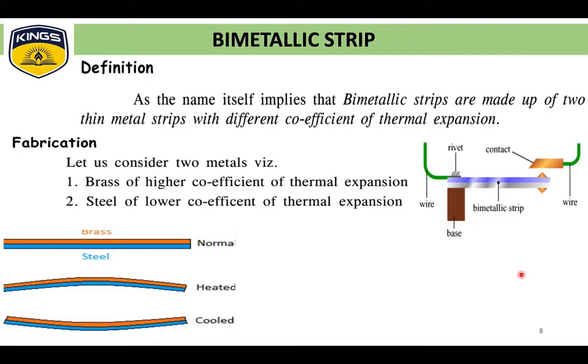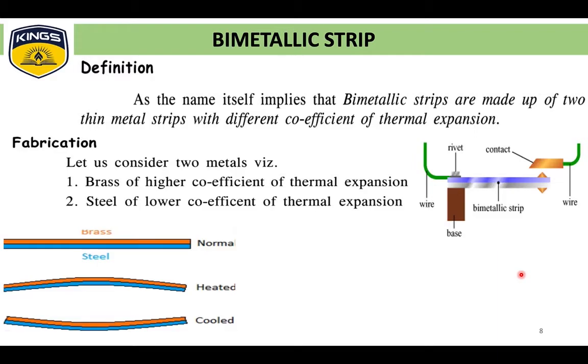For example, iron, copper, or brass, which have different thermal expansion coefficients. We can use any materials of different thermal expansion coefficients. How is it fabricated? Let us consider two metals: brass of higher coefficient of thermal expansion and steel of lower coefficient of thermal expansion.